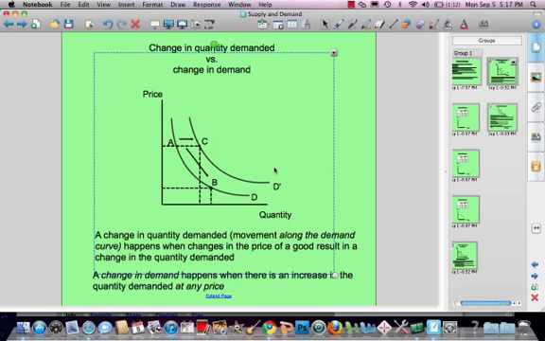If we look instead at a change in demand, that happens when there's an increase in the quantity demanded at any price. What happens in this case is you move the entire curve. So the demand changes from quantities and prices along this curve to quantities and prices along this curve. There are 5 reasons that can happen.